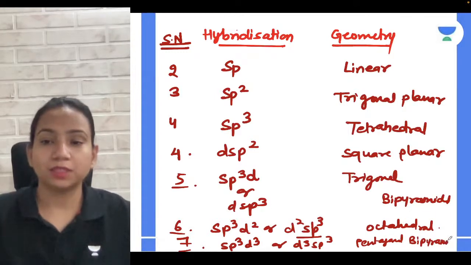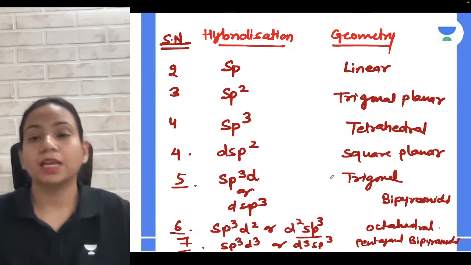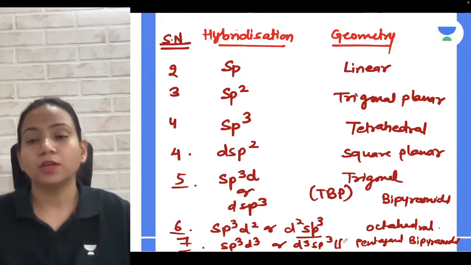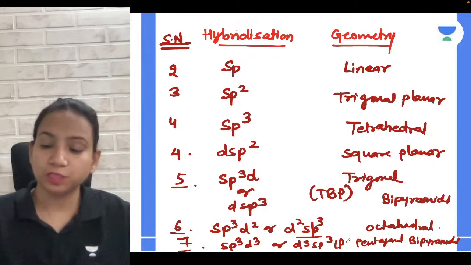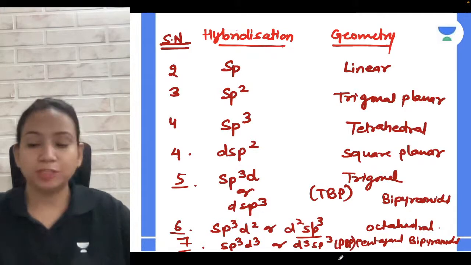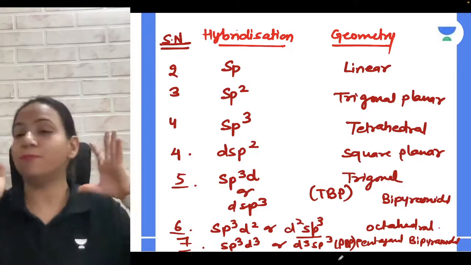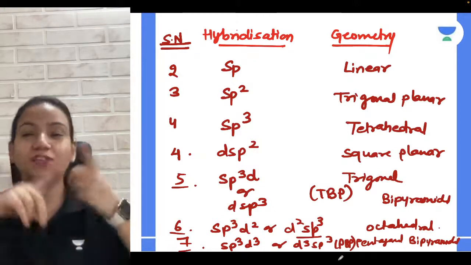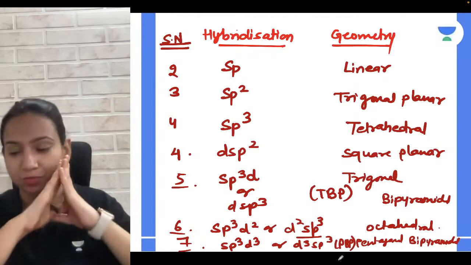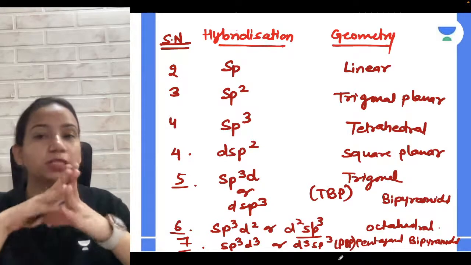Like here for sp3d, we call it TBP. For d3sp3 or sp3d3, we call it PBP in short form. BP is not blood pressure, it is bipyramidal, and T signifies trigonal, P signifies pentagonal.